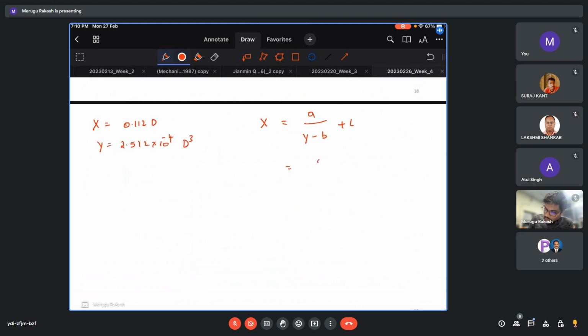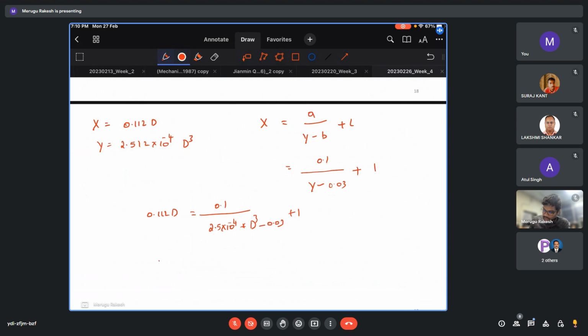A is 0.1, b is 0.03, and c is 1. If we substitute here, we will get 0.112 times d is equal to 0.1 divided by 2.5 times d cube minus 0.03 plus 1. Okay.